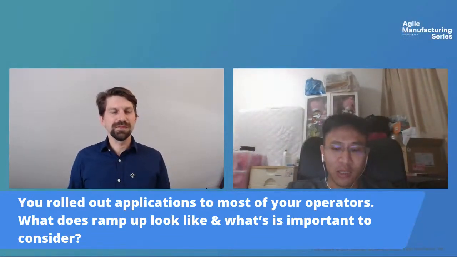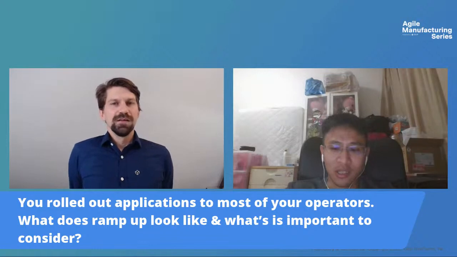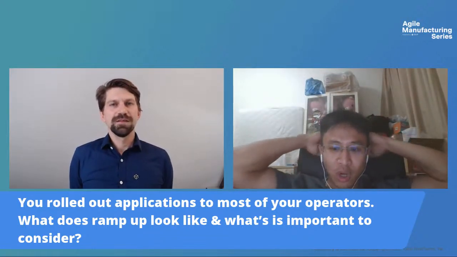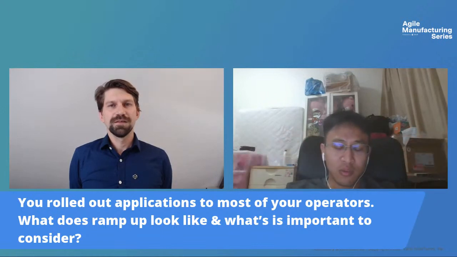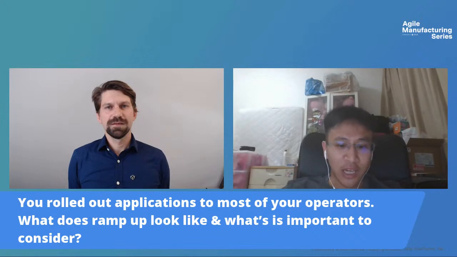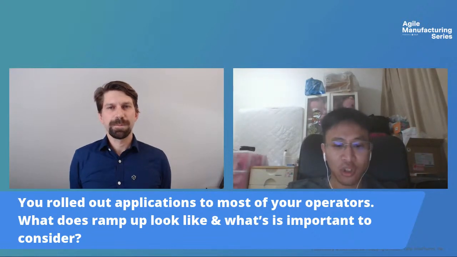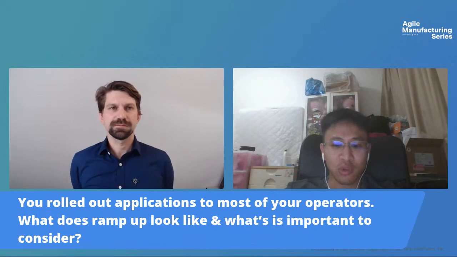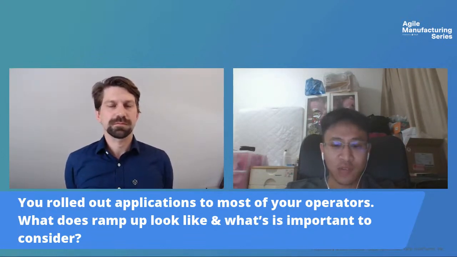Okay, in terms of what the ramp up looks like, and what is important for an organization to consider, I think the first one is the communication, right? From the top team to the operators. What I've seen, especially, I'm not sure if Wolfgang and Heather face similar things on your shop floor, is that when a lot of companies start to deploy Tulip solutions for the operators, the first reaction is actually quite negative.